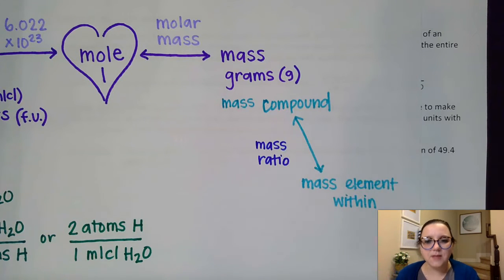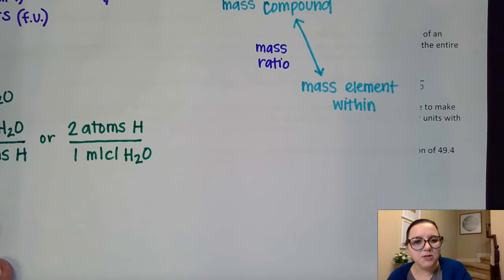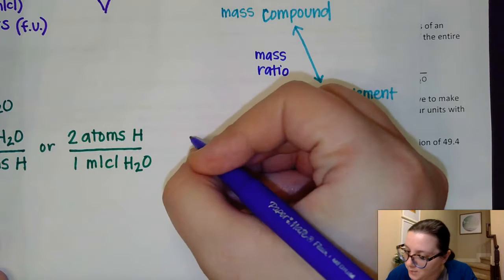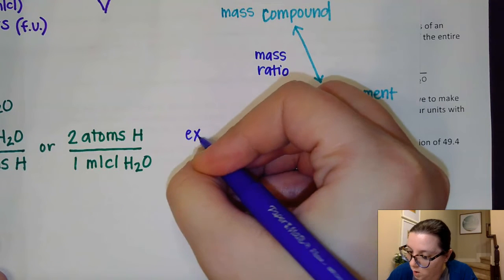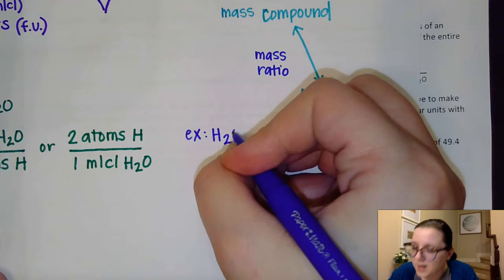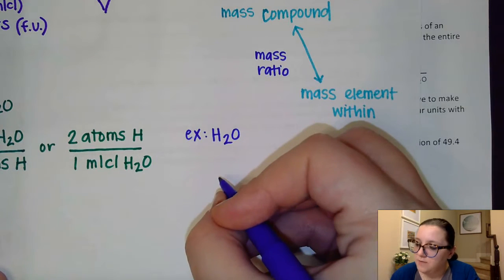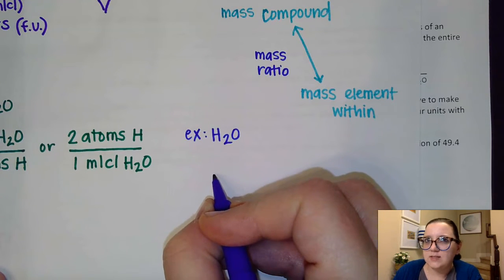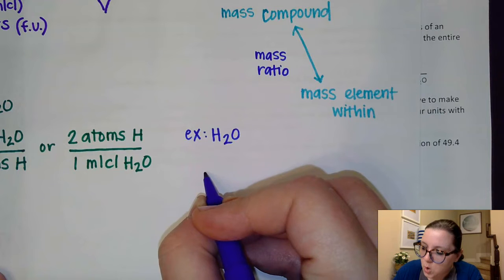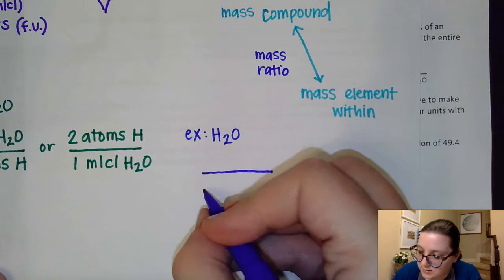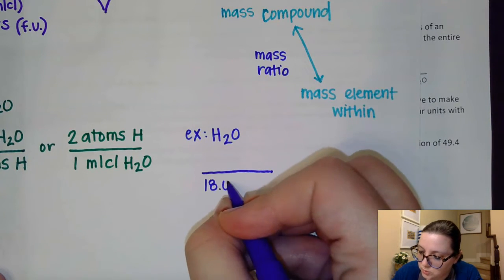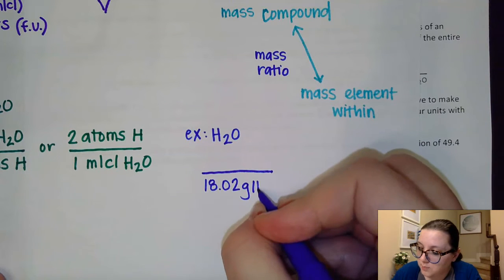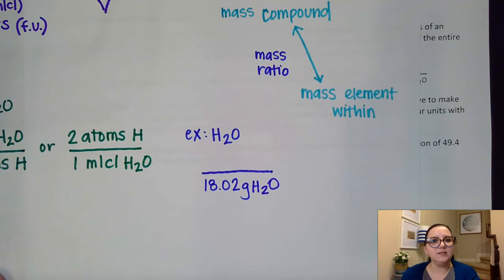Now again, let's talk about some examples of what a mass ratio would actually look like. I'm going to use something we're familiar with, water. Water has a total molar mass of 18.02 grams. So think about what we would do on a percent composition problem. We would put that total molar mass of 18.02 grams of the water on bottom, and let's say we were trying to get the grams of hydrogen inside of it.